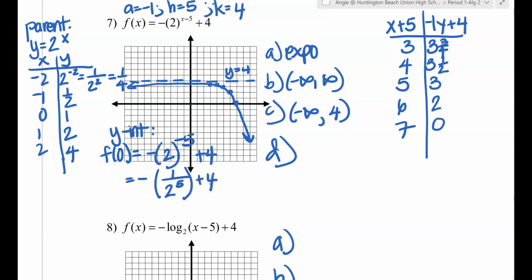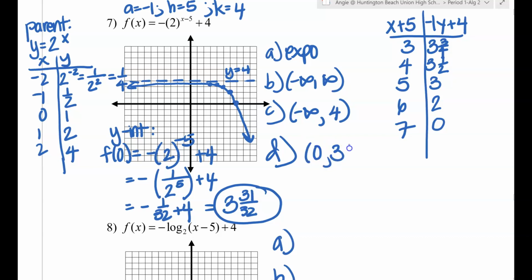Well, 2 to the 5th is 32, so this is negative 1 over 32 plus 4, so that's going to give us positive 3 and 31 over 32, okay? So we can fill in 0, 3 and 31 over 32.